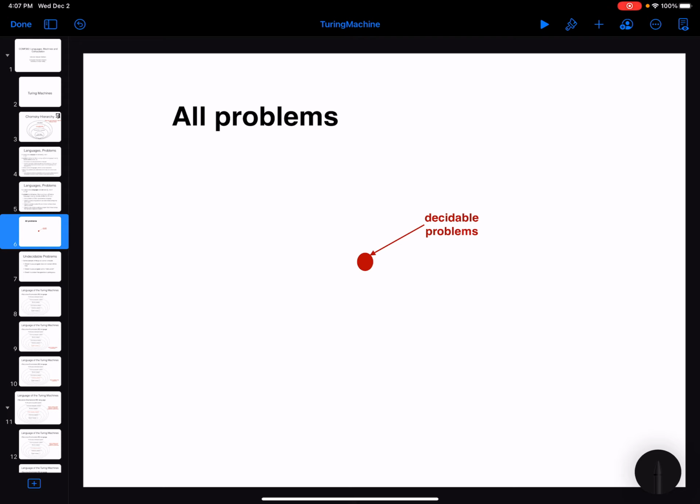Basically, all of them are going to be just this tiny dot that I write here among the set of all possible problems. Why am I saying that? You might say, how come all the problems that I have seen were decidable? We can write a program to solve them.